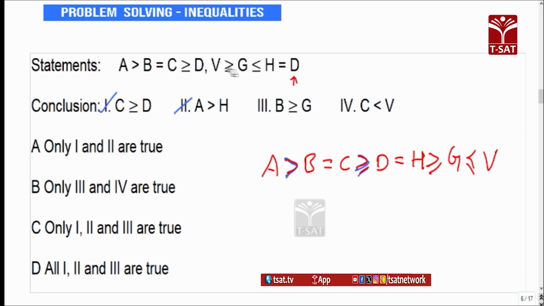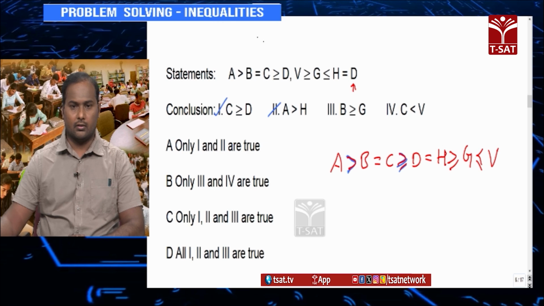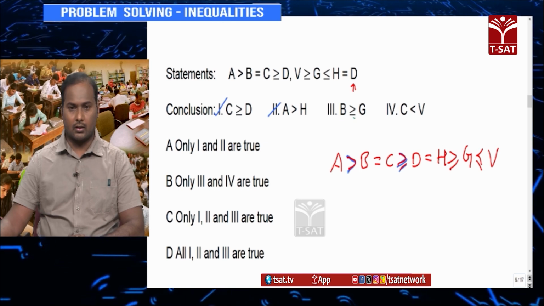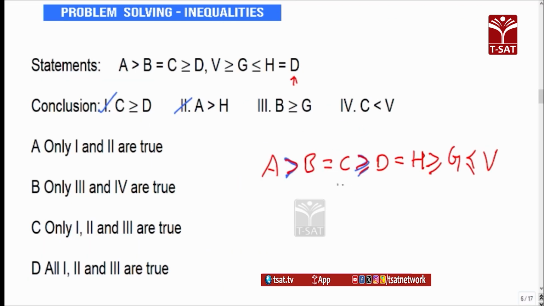Let's take conclusion 3. In conclusion 3, B is greater than or equal to G. So take the two letters B and followed by G here. He is asking whether B is greater than or equal to G. See in this case, the symbol greater than or equal, here the equal symbol is there. Whenever the equal symbol is there, you can directly write B here, it doesn't matter.